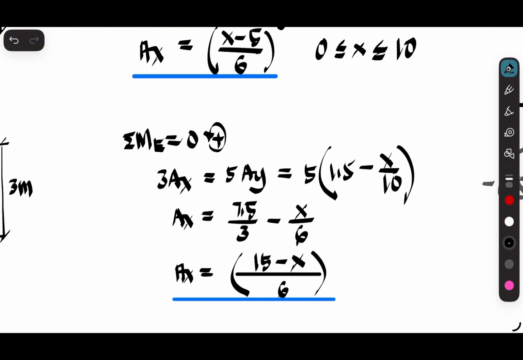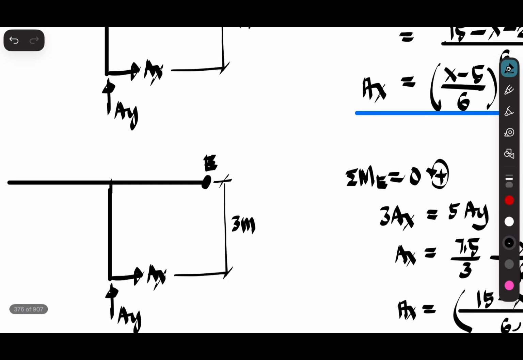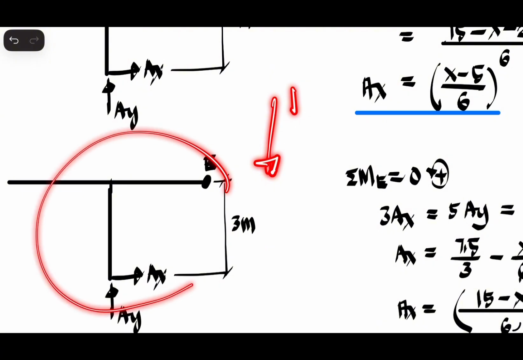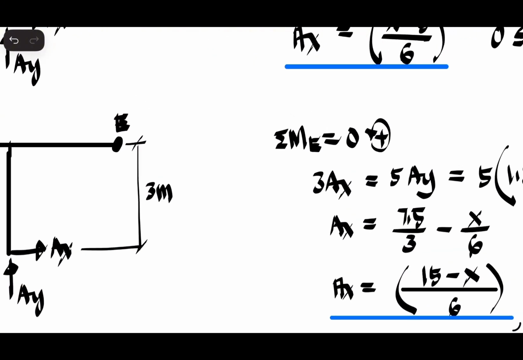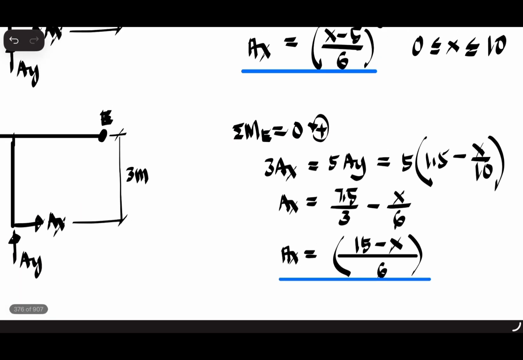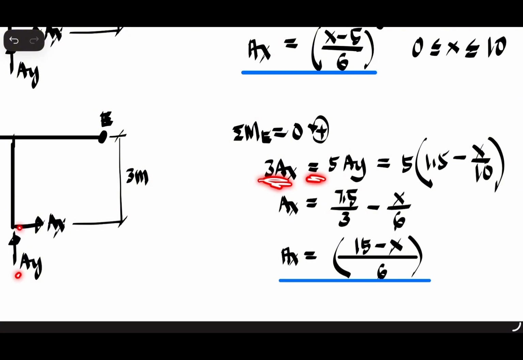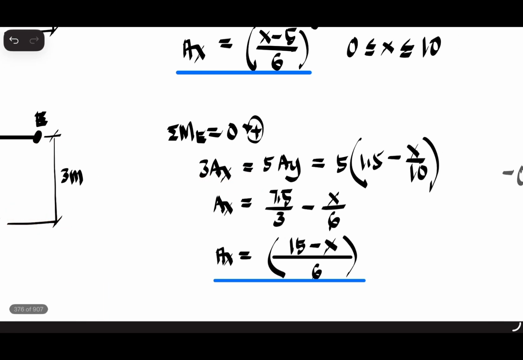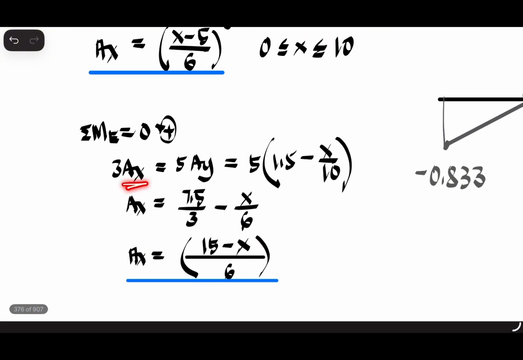And then for the second value of AX, assuming the 1 unit load is located at the right member, and then analyzing the left member by summing up moment at point E to solve for AX. So we have 3AX equals 5AY, so AX is 5 times AY, and then AX is equal to 7.5 over 3 minus x over 6.